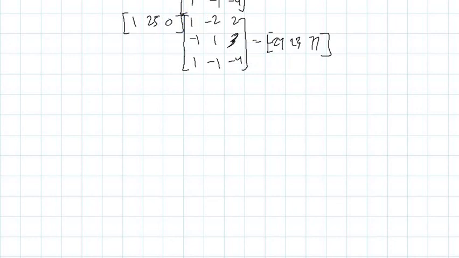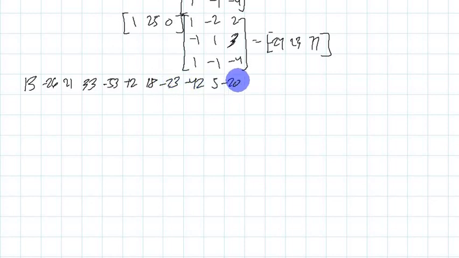The encoded message for our "Meet Me Monday" message will be the string of numbers 13, negative 26, 21, 33, negative 53, negative 12, 18, negative 23, negative 42, 5, negative 20, 56, negative 24, 23, 77.